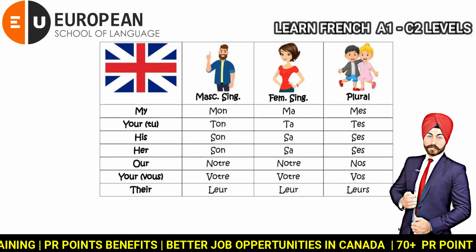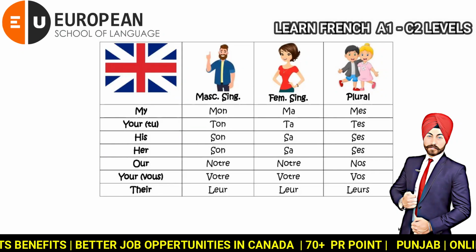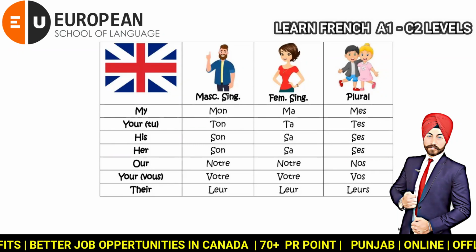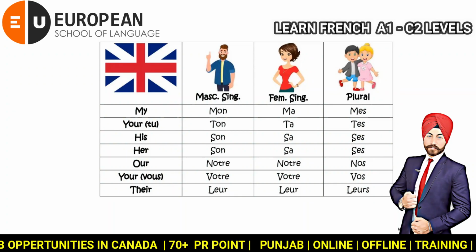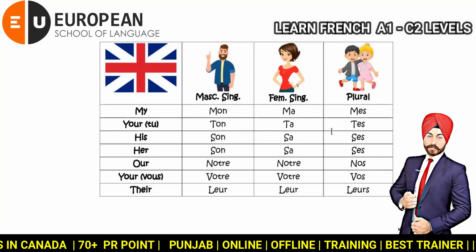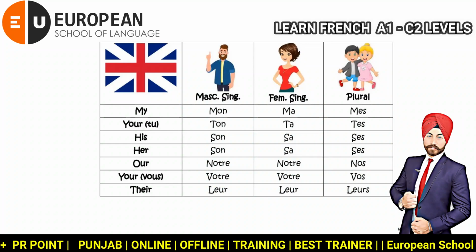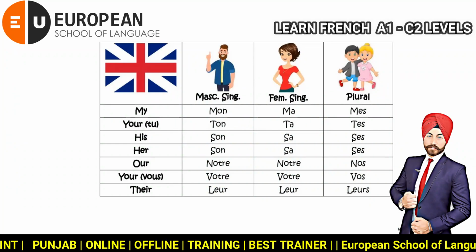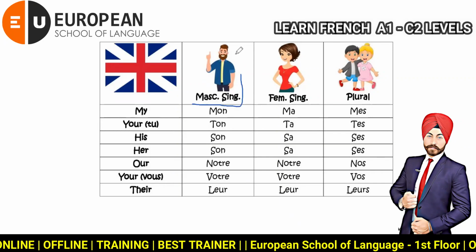So when it comes to my, ये थोड़ी सी कंफ्यूजिंग हो जाती है कई बार कि हाँ जी माई में हम mon यूज करें, ma यूज करें या mes. सो इट विल डिपेंड अपॉन जेंडर. As we can see that if sentence is he is my father, then father is a masculine gender.